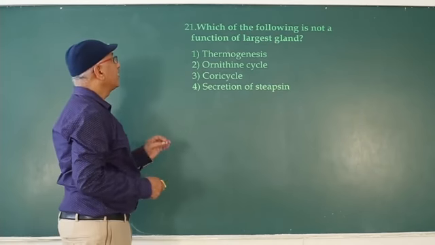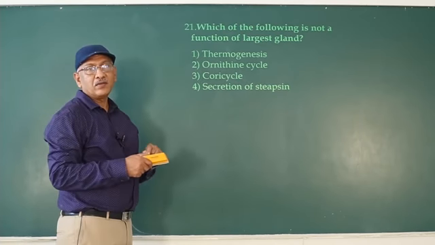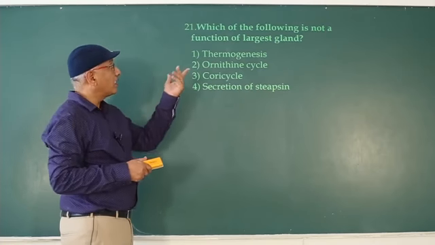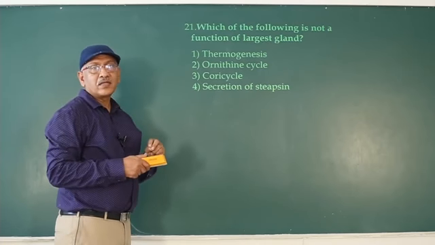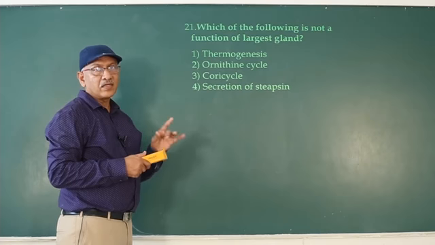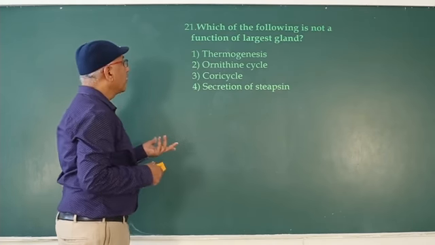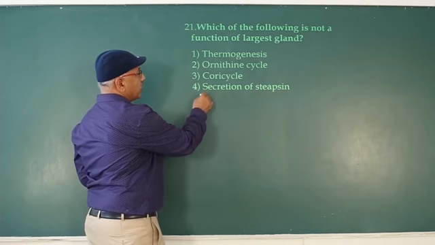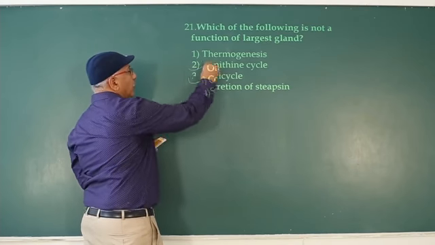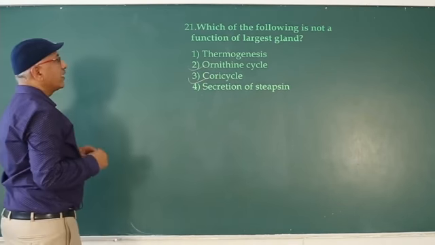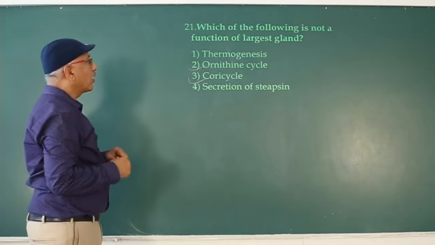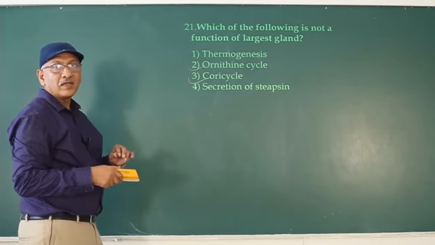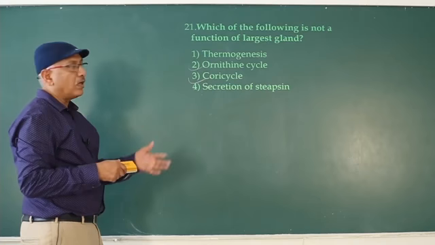Which of the following is not a function of the largest gland? It is better to write largest gland. The largest digestive gland is the liver. Secretion of steapsin is wrong. The liver is involved in the Cori cycle, the ornithine cycle, and thermogenesis, production of heat. Correct. What is the ornithine cycle? Formation of urea.